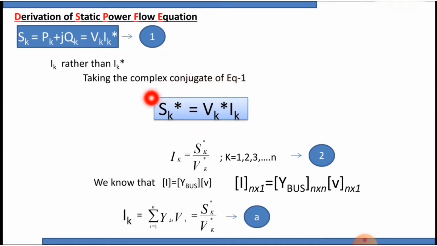By rearranging this expression, Ik is equal to Sk conjugate by Vk conjugate, where k runs from 1, 2, 3 and so on to n. Consider this as equation number 2.